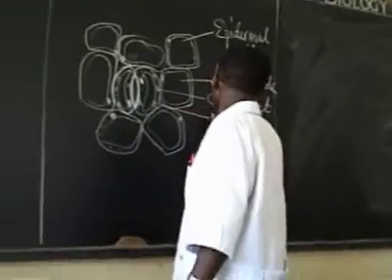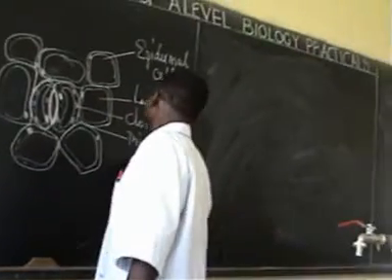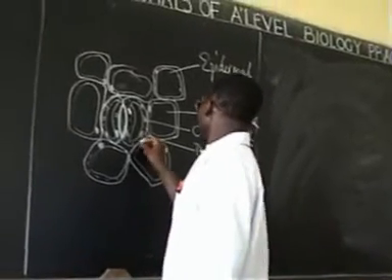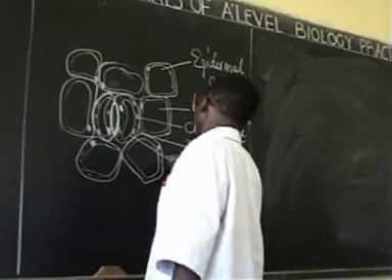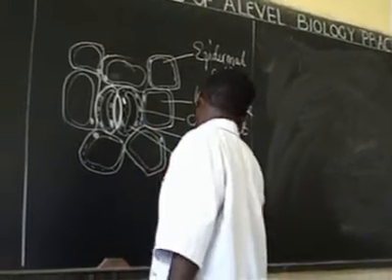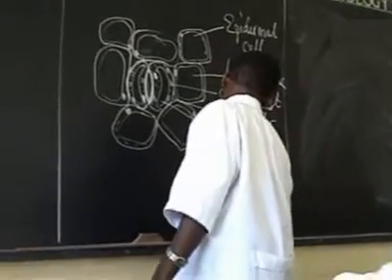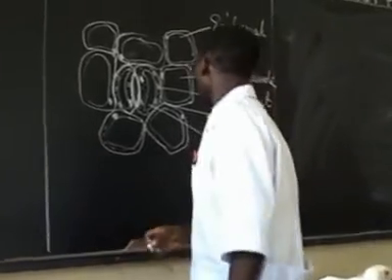This one is the thin outer wall. Then this one is the vacuole of that cell.